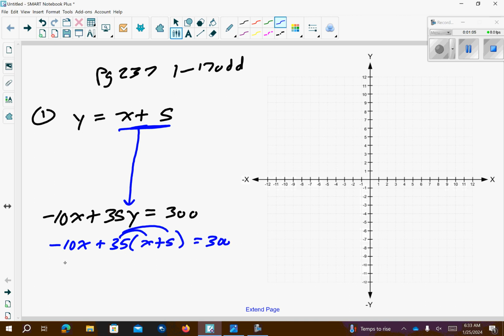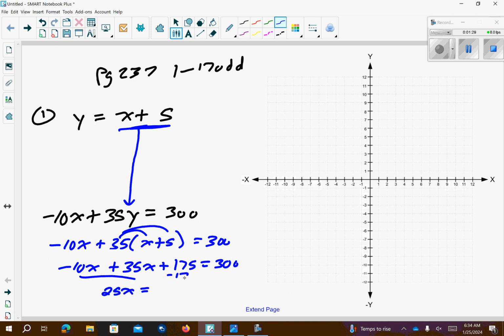Let's distribute 35 over the parentheses. 35 times x is 35x, and 35 times 5, I'm just using a calculator, is 175 equals 300. And then these are my like terms, so that's 25x.